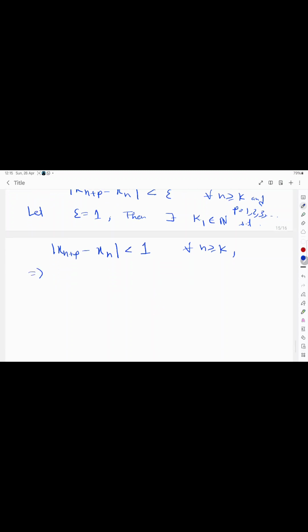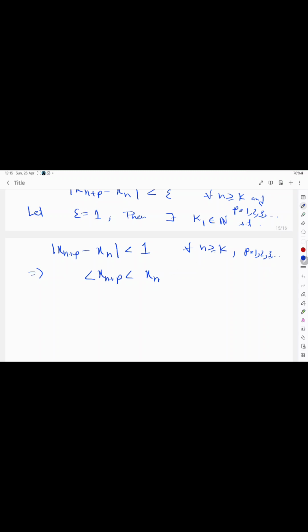If you break this modulus, this implies that xn+p will be lying between xn minus 1 and xn plus 1.